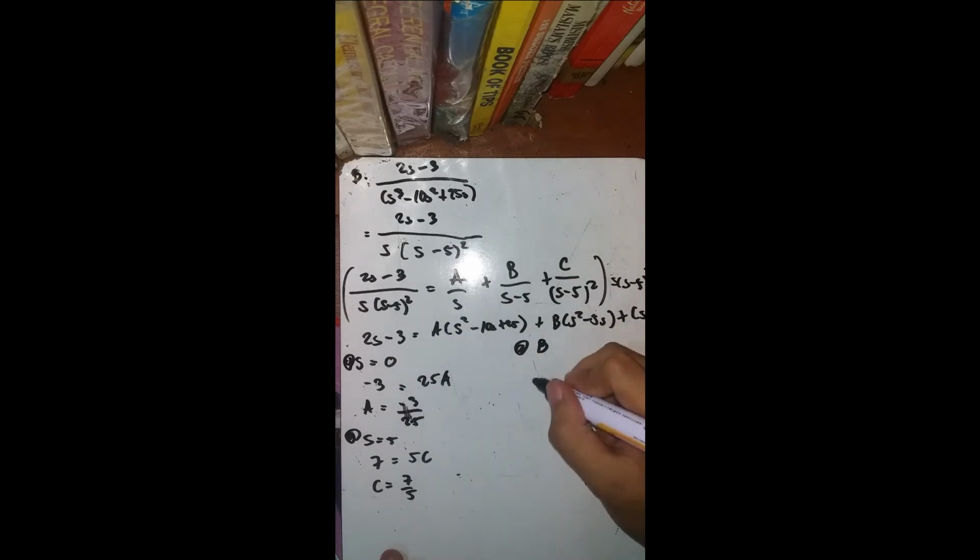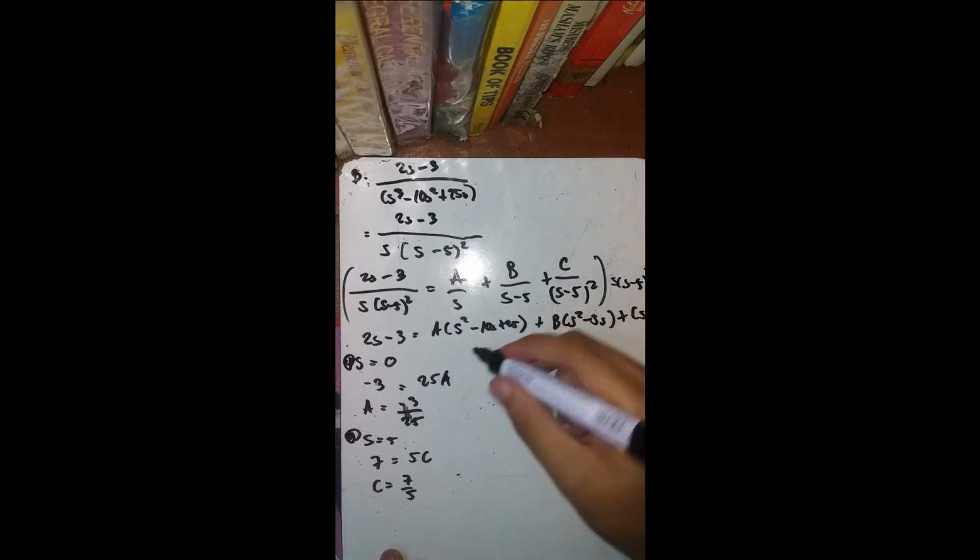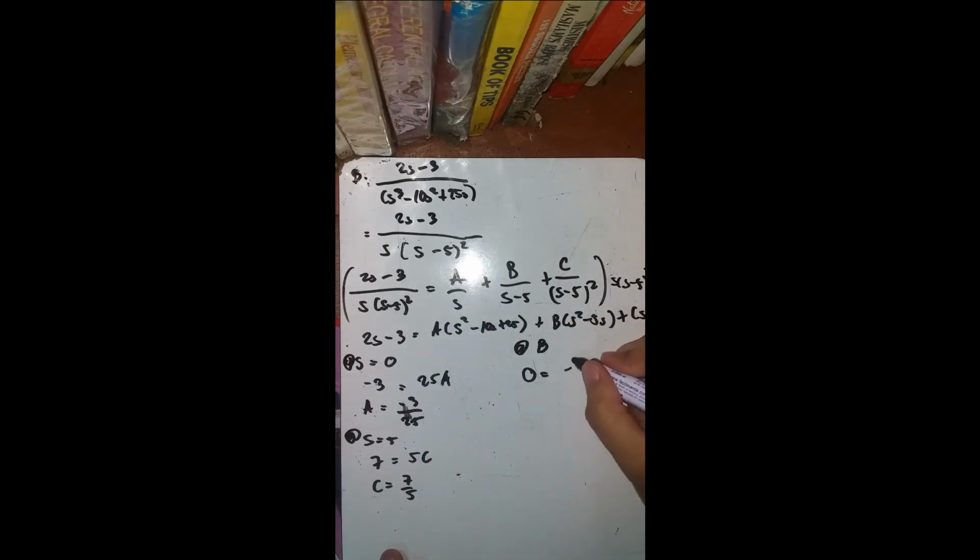Here we have 0 equals negative 3 over 25 plus b, and we are basing it on s squared. Now your b is equal to 3 over 25.